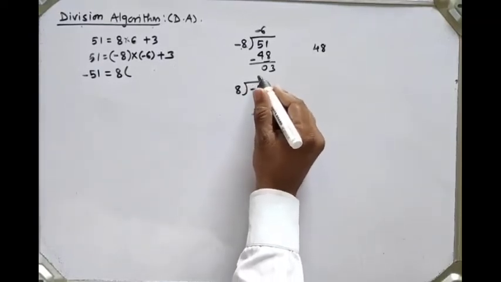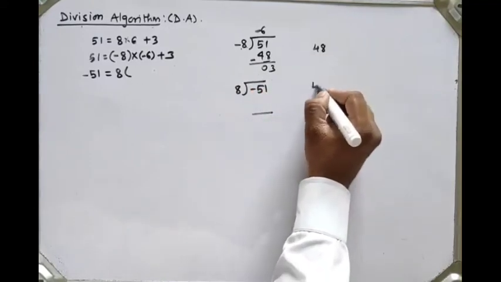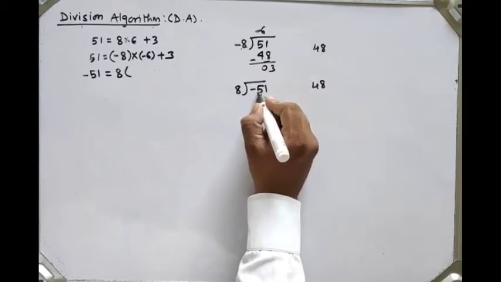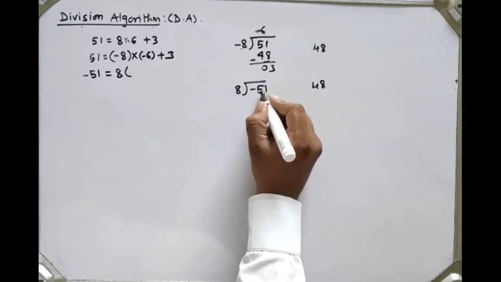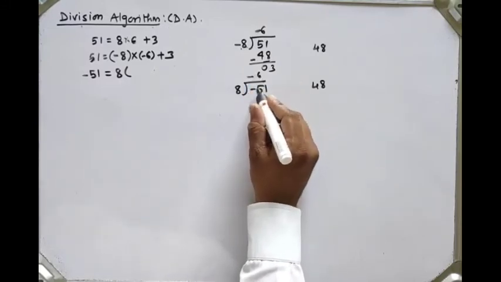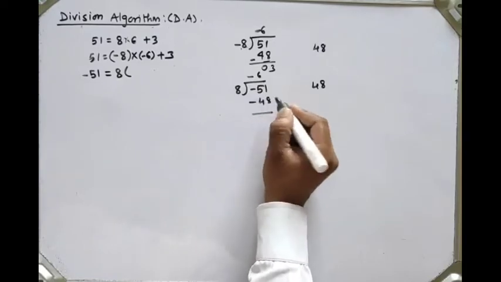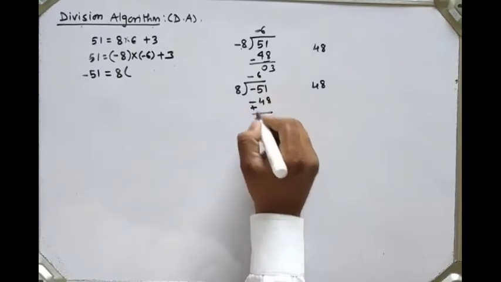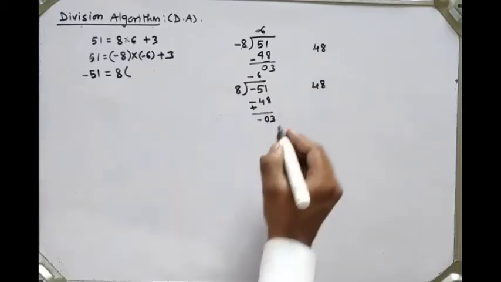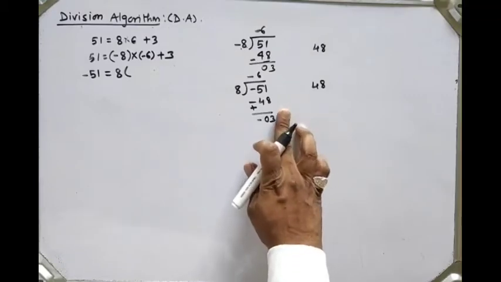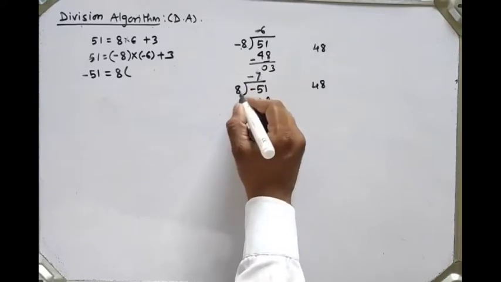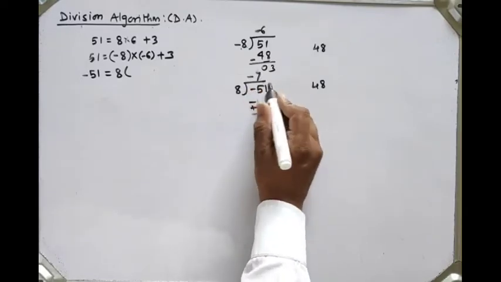If I take minus 6, then 8 into minus 6 is minus 48, and the remainder is minus 3. But we want the remainder to always be positive, right? So I will multiply by minus 7. What will I get? 8 into minus 7 is minus 56.